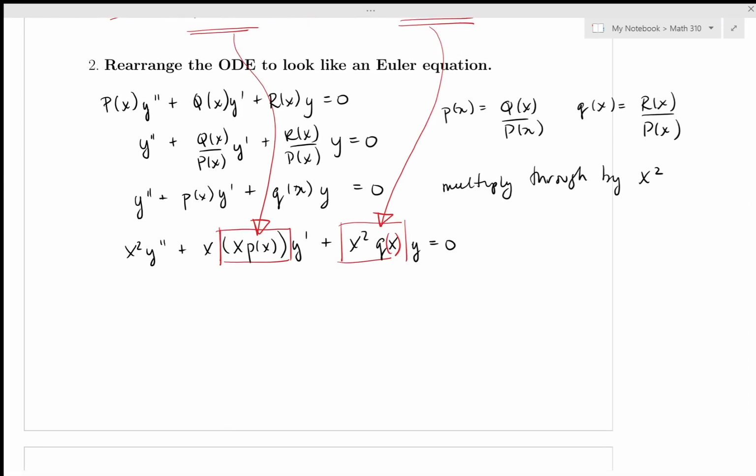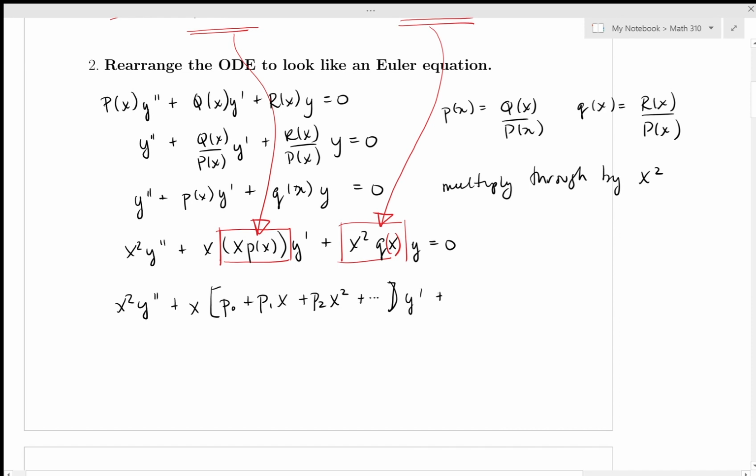Okay, let me do that. That will then be x squared y double prime plus x times, I'm going to write the power series for x p of x in its expanded form. It looks like this: p naught plus p1 x plus p2 x squared plus dot dot dot, times y prime.